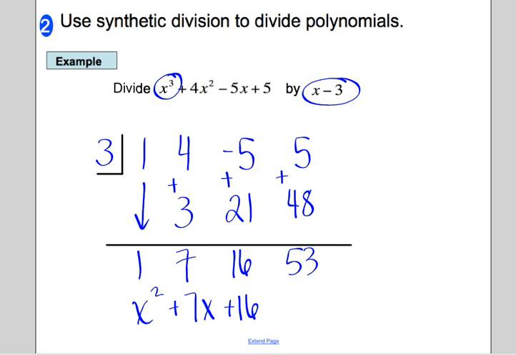So in math a long time ago, you'd put, for example, R53. And then we learned we don't write it that way. We know it's 53 out of whatever we were dividing by. So we're going to say 53 out of x minus 3. And that would be our remainder.